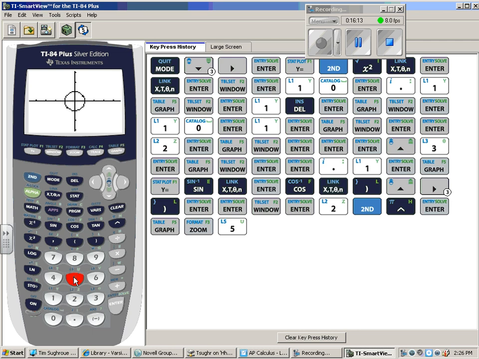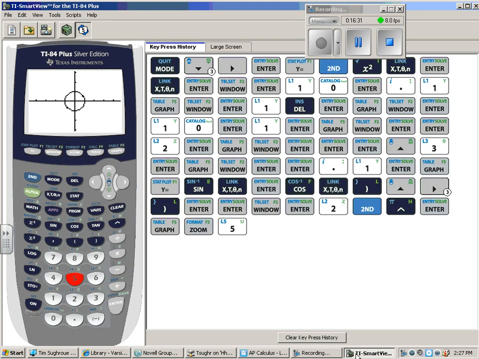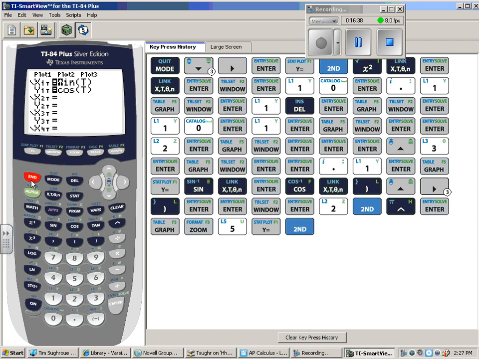If we go back to this problem, the second thing that it asks us to do is make the coefficient here for A be a 2 and a 2, and then a 3 and a 3. So let's go back and see what happens. If I go back to my y equals, I'm going to insert a 2. If I go second, delete, notice that the cursor now is blinking.